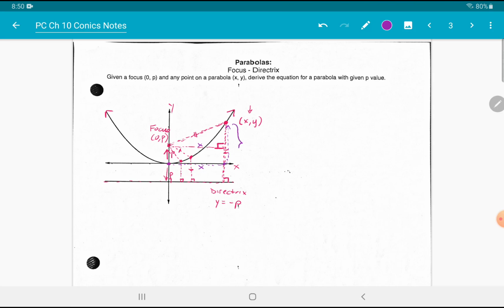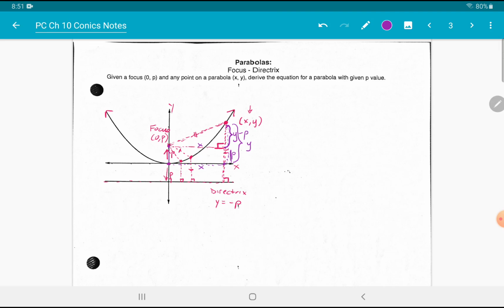So this entire distance right there is a distance of y. Okay. Now, since the triangle technically started at (0, p), that must mean that this little piece, which is congruent to the other side, is also a distance of p, which means that technically on the right triangle, the distance that we're really trying to find here, this distance right here, the height of the triangle, is a distance of y minus p.